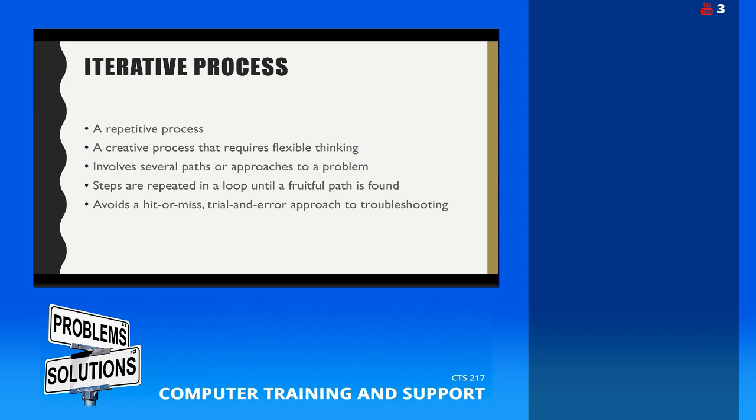And there are going to be several paths or several approaches to solving these problems. So what you're going to do is go through these steps, repeat steps in a loop, try different fixes, and do different things until a fruitful path is found.